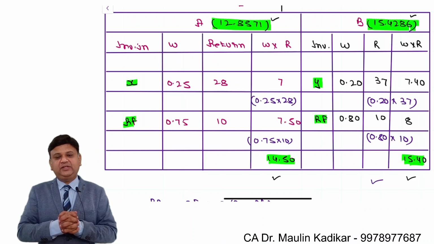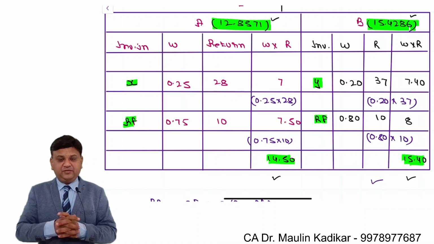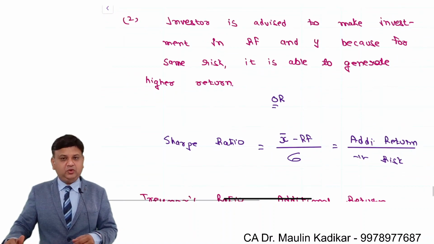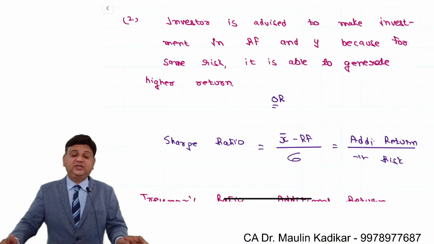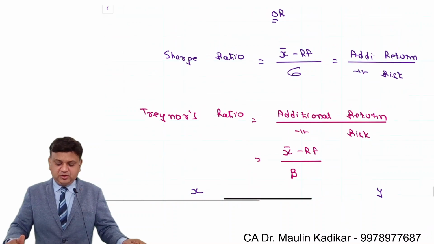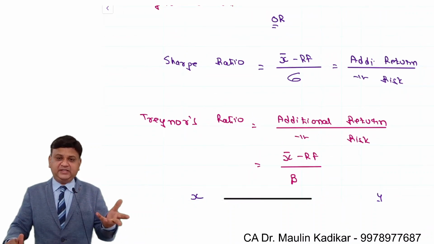So combining Y with Rf is better than X with Rf. That is what we understand. The second part of the question asks what you should do, so we have written the answer: Y with Rf.